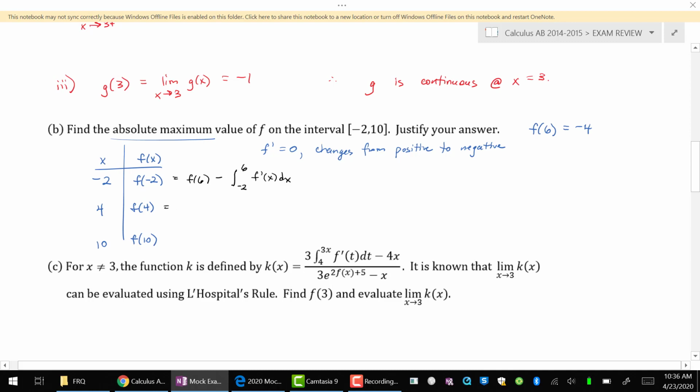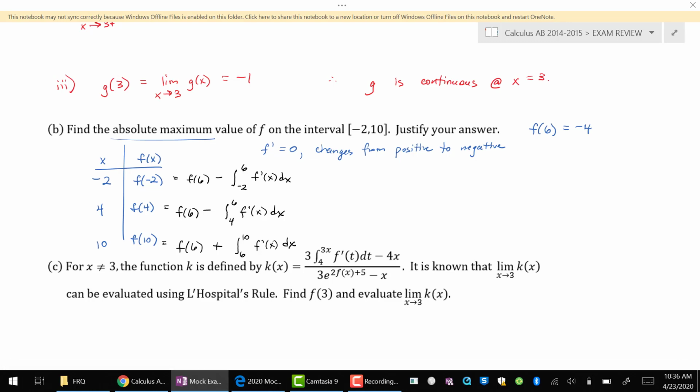F of 4 will again be f of 6 minus the integral from 4 to 6 of f prime. To find f of 10, we start at f of 6 this time, so I'm adding the integral from 6 to 10 of f prime.